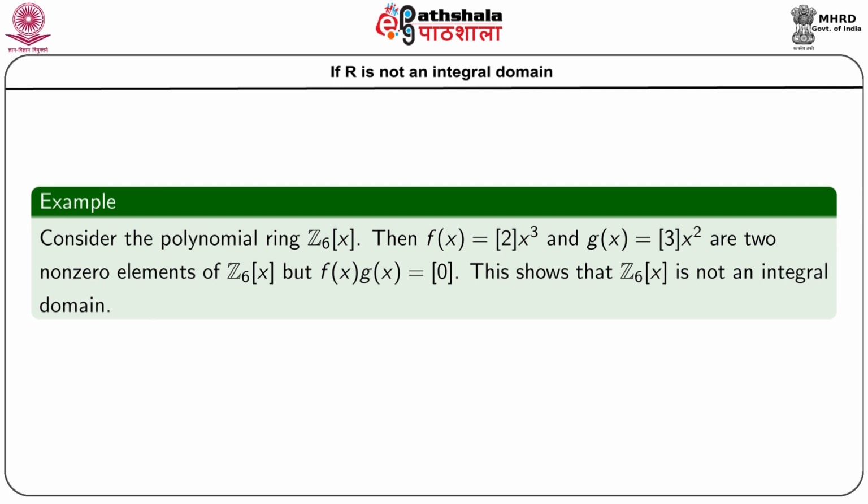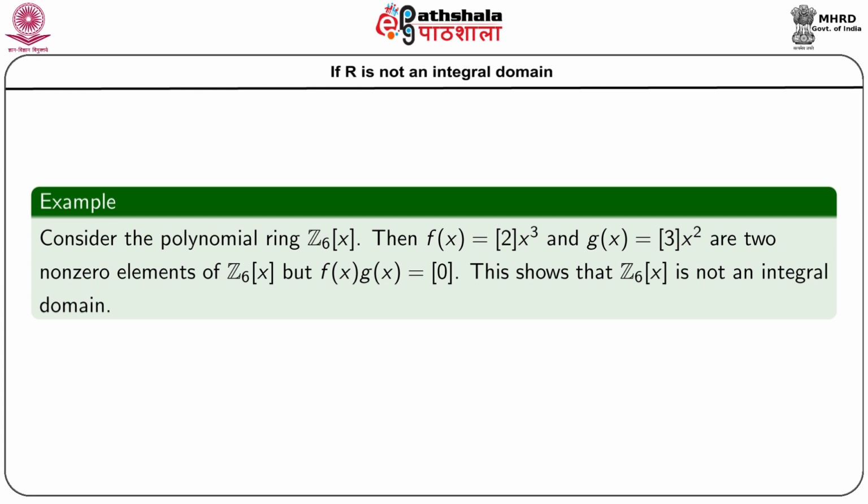For example, consider the polynomial ring Z6[x], that is the set of all polynomials over the ring Z6, and consider two polynomials f(x) equal to 2x cubed and g(x) equal to 3x cubed. Thus, we see that the product of these two polynomials becomes 0 in the ring Z6[x].